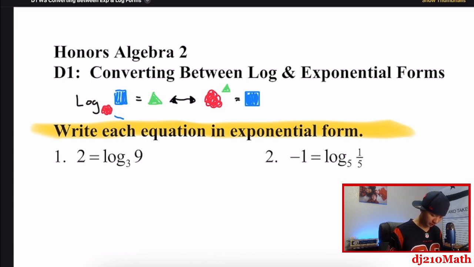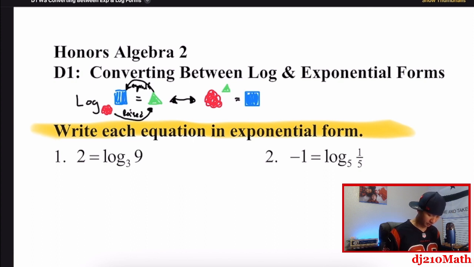Remember, it's the base raised and then equals. Raised and then equals. You can't even read that.